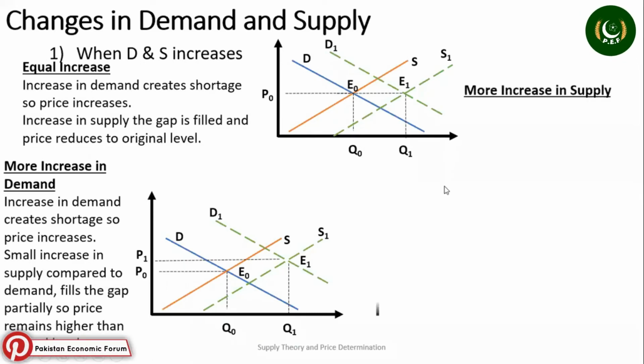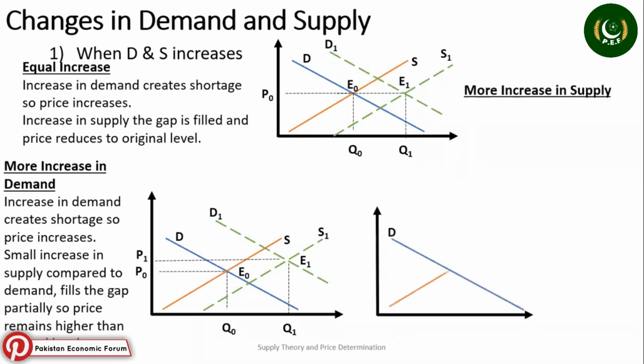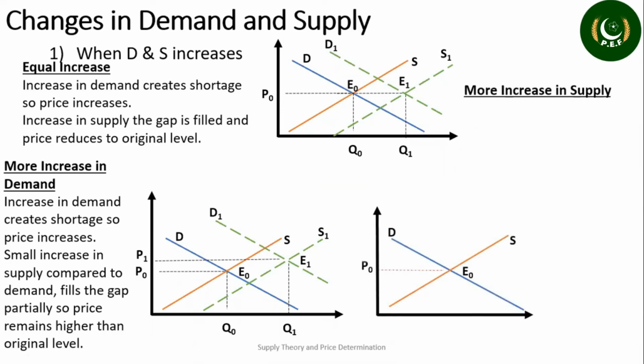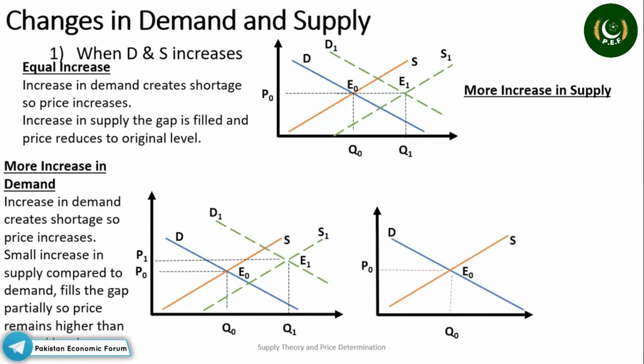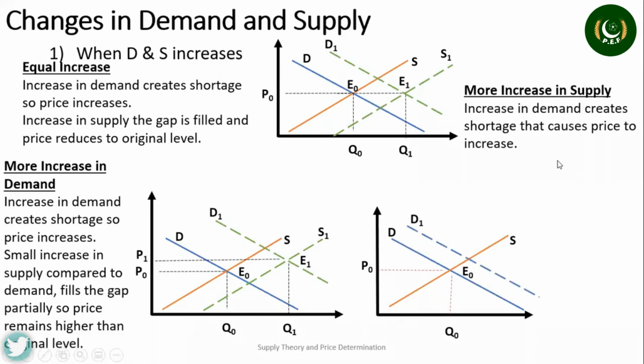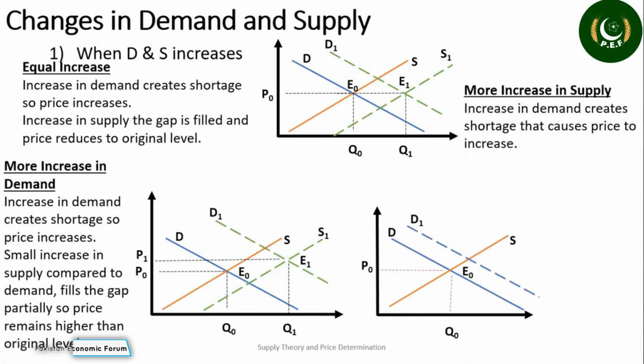Next, we discuss what happens when demand and supply both increase but the increase in supply is greater than the increase in demand. An increase in demand first creates a shortage, which may result in increasing the price, but at the same time, the supply responds more aggressively.